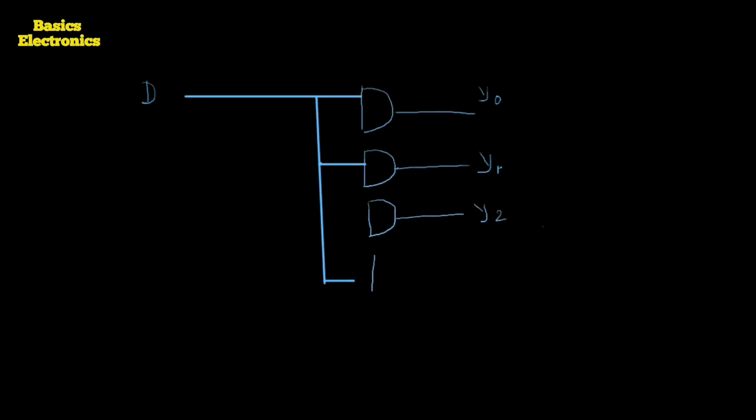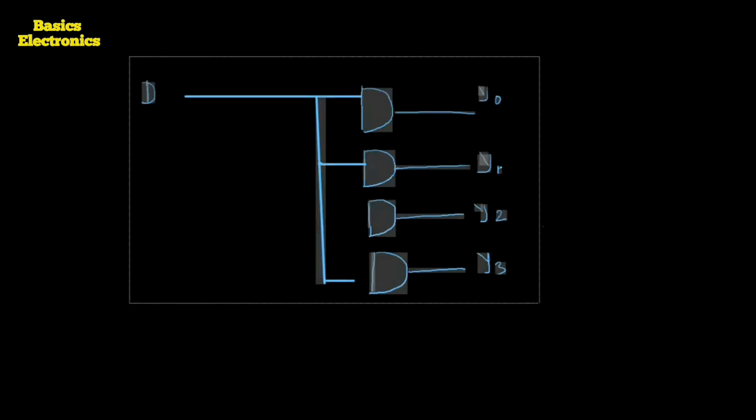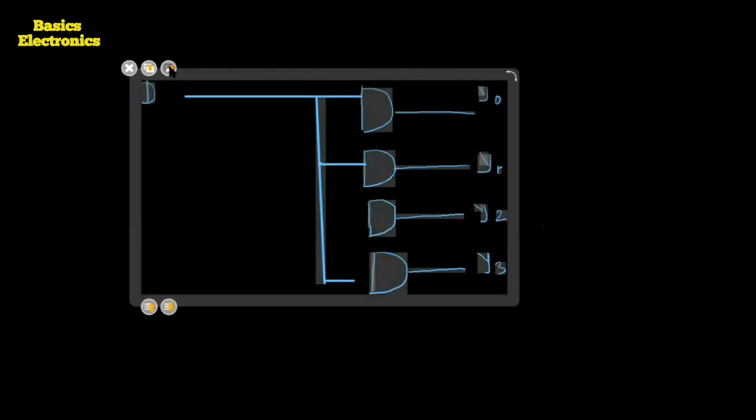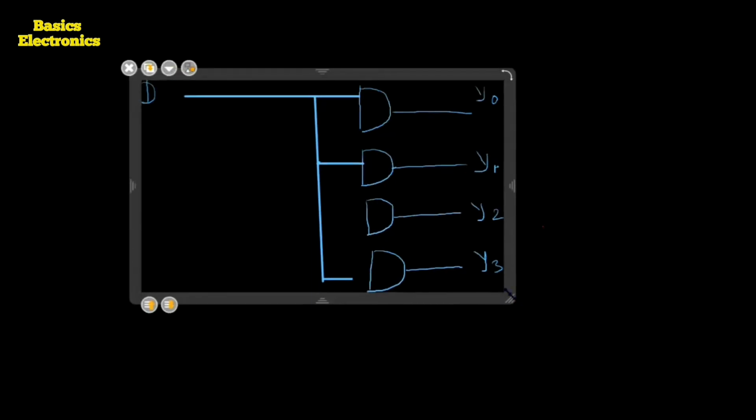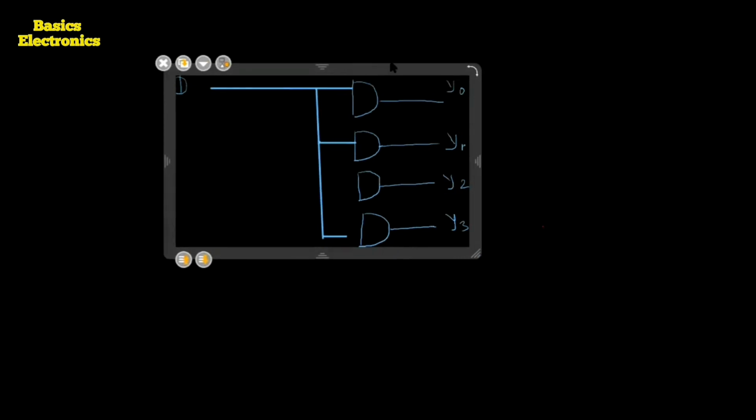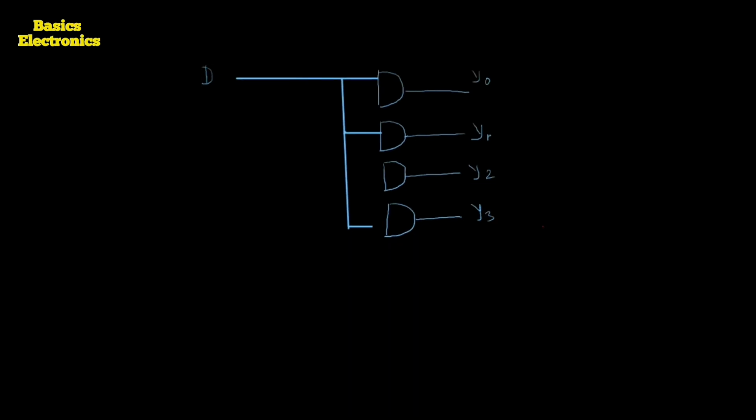Then one more AND gate has the output Y3. Then we draw the remaining AND gates, for Y4, Y5, Y6, and Y7.